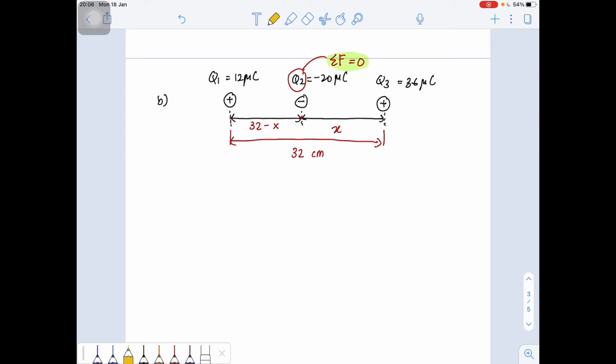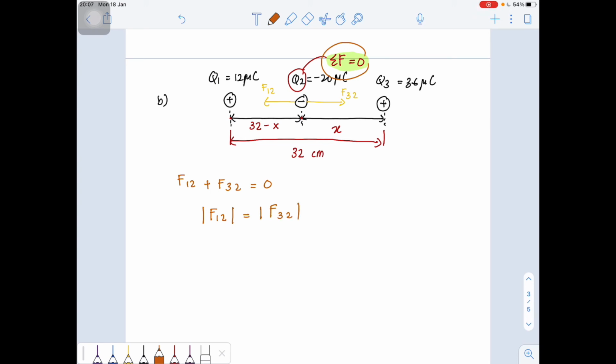Negative and positive will attract each other, so we'll have F32, and then positive and negative also attract each other, and we have F12. From here we can say that F12 plus F32 will be equal to 0. So the total force is equal to zero, meaning that the modulus of F12 will be equal to the modulus of F32.